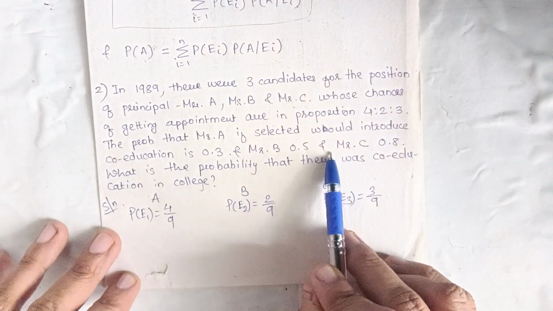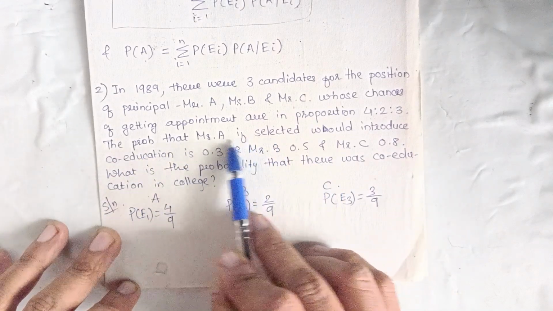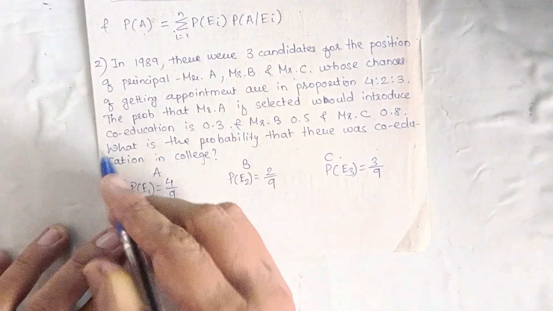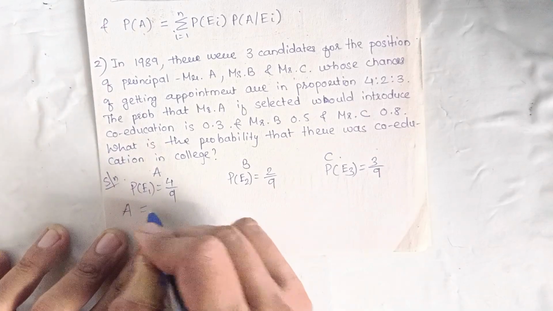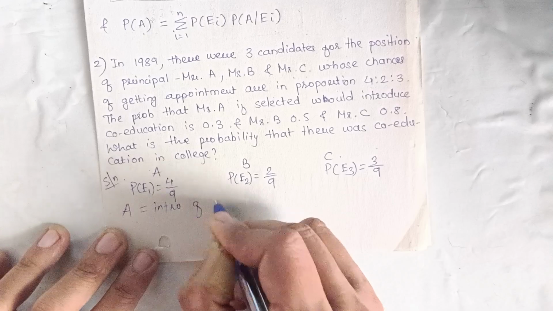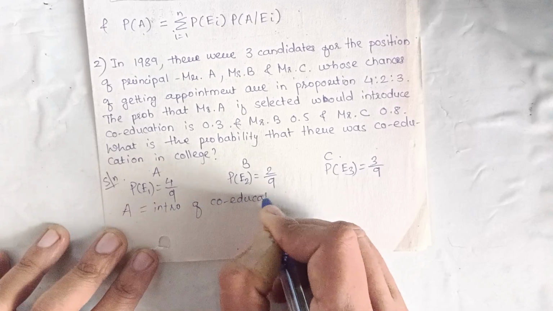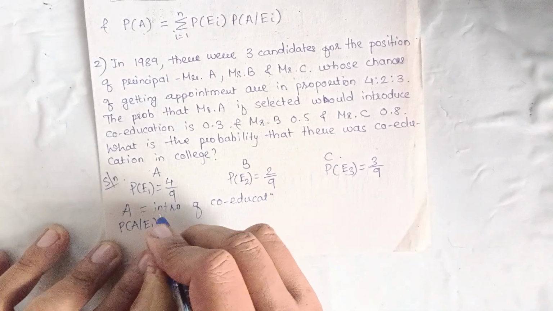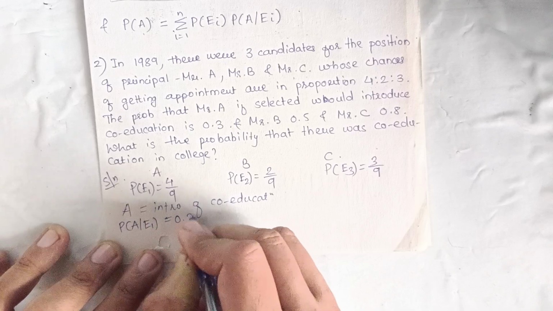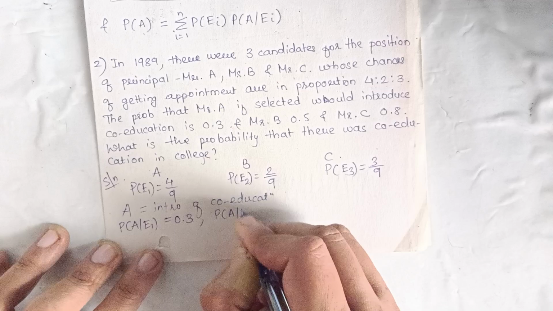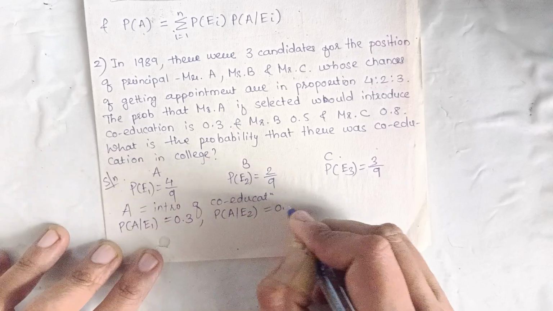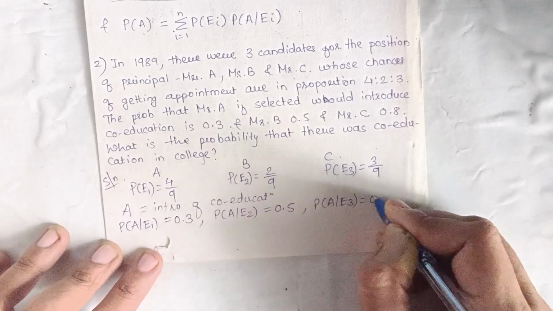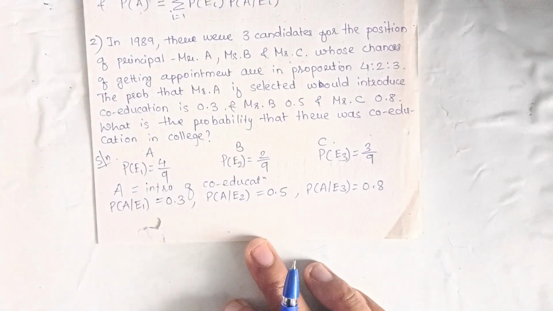Now, the probability that Mr. A, if selected, will introduce co-education. So introduction of co-education becomes our event A. So P of A given E1 is 0.3, P of A given E2 is 0.5, and P of A given E3 is 0.8.